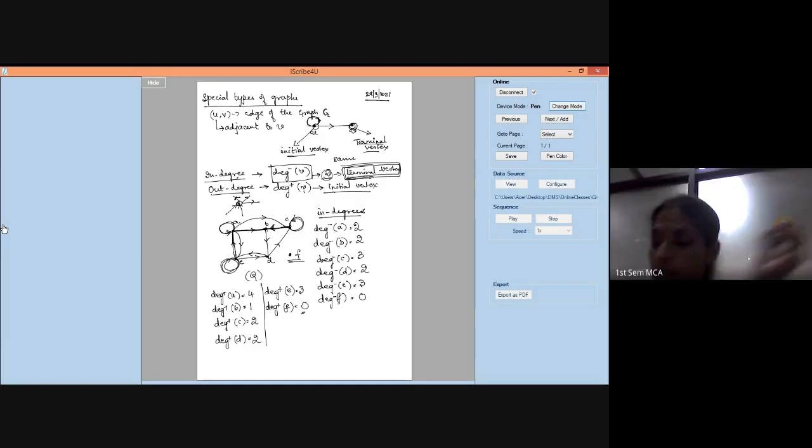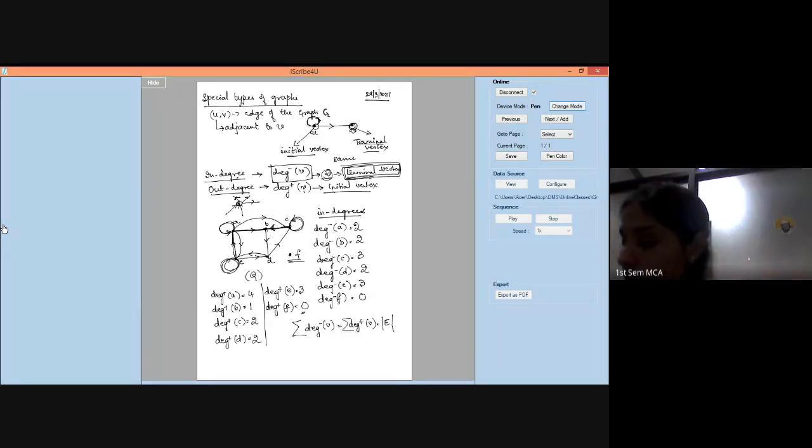Like the handshaking theorem we saw in the morning, summation of in degree of V is equal to summation of out degree of V, which is nothing but the total number of edges in the graph, where each vertex V belongs to the set of vertices.